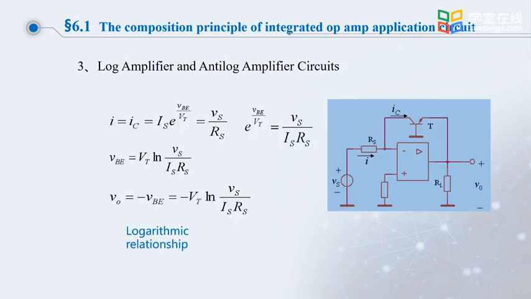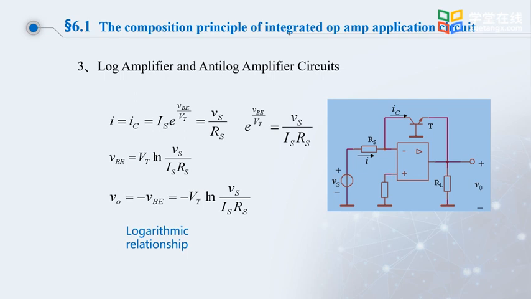Let's look at the third part, logarithmic and anti-log operations. The picture on the right is an application of the integrated op-amp, a logarithmic operation circuit. Let's observe this circuit. Vs is the input voltage source, connected via the resistor RS to the inverting input of the integrated op-amp. Between the inverting input and the output VO, there is a transistor T connected.